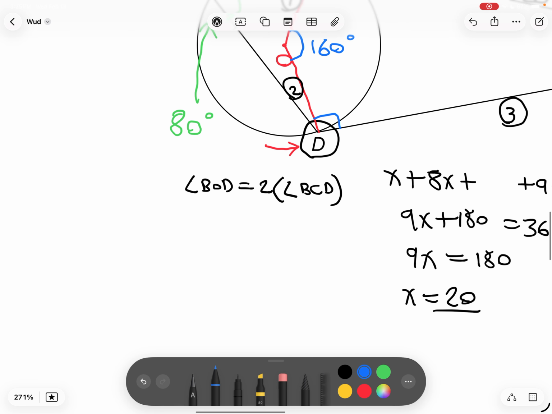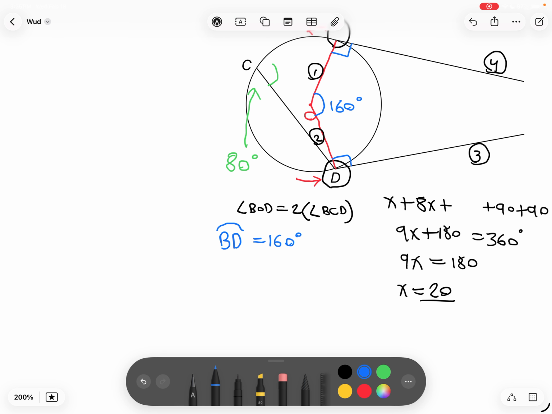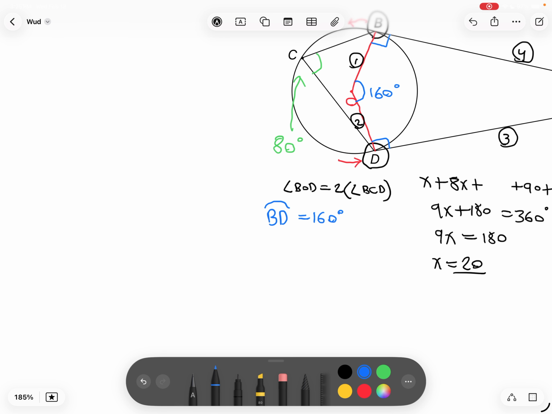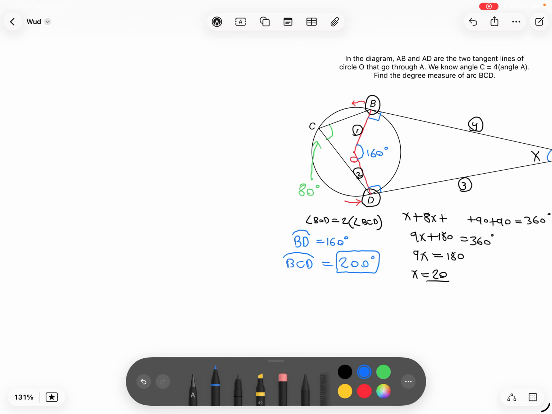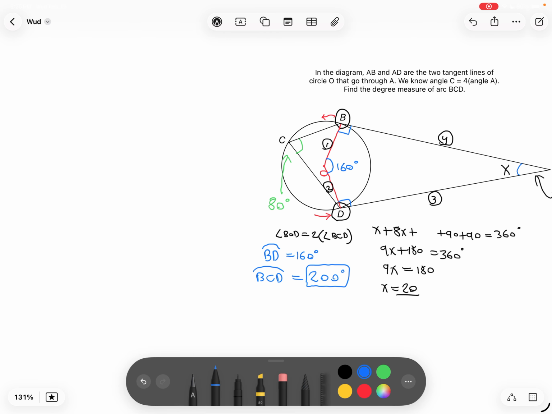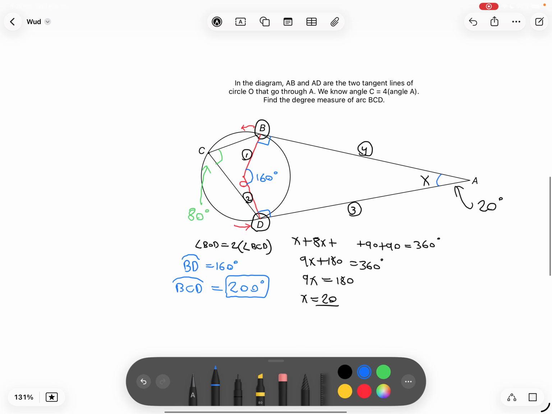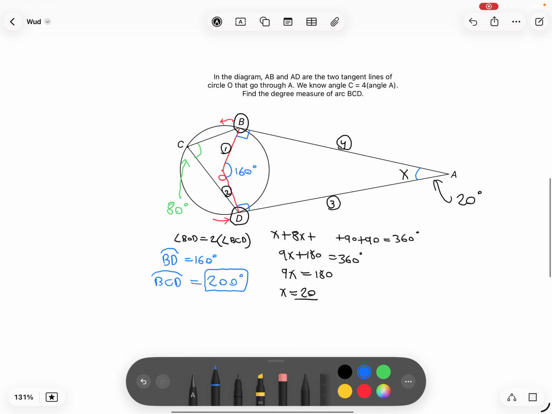So the measure of arc BD is 160 degrees. Now all we have to do to find the measure of arc BCD is 360 minus 160, which gives us simply 200 degrees. And there's our answer. We have successfully found the measure of the major arc BCD going the long way around the circle, using the inscribed angle theorem and other useful properties of circles.